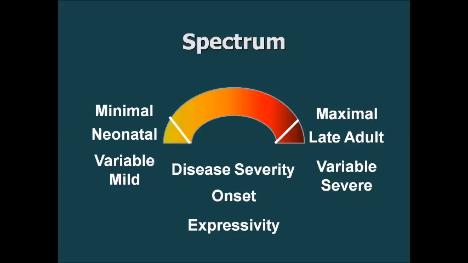And again, this is a difficulty in expanded carrier screening because it challenges us to no longer think of conditions as categorical, but we now are thinking of conditions as having a spectrum. It was much easier from a screening approach and counseling approach to tell patients that they carried a mutation for a condition such as cystic fibrosis that was going to definitely have a phenotype that was severe.